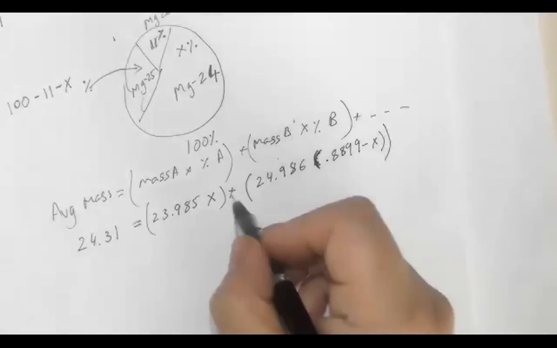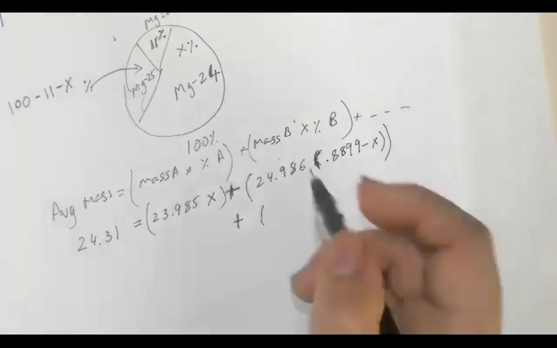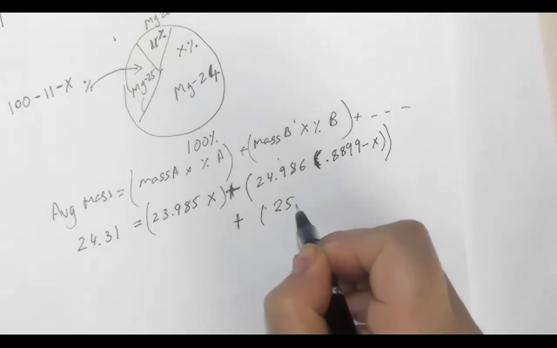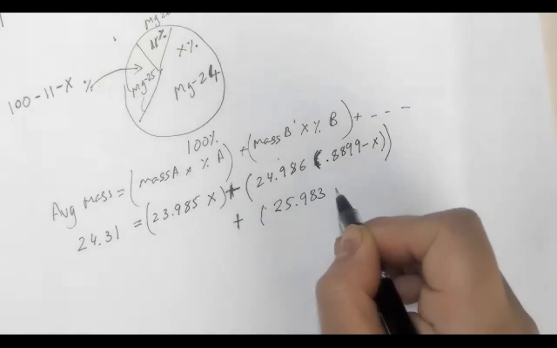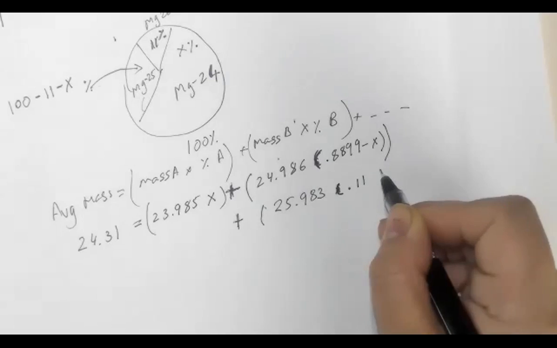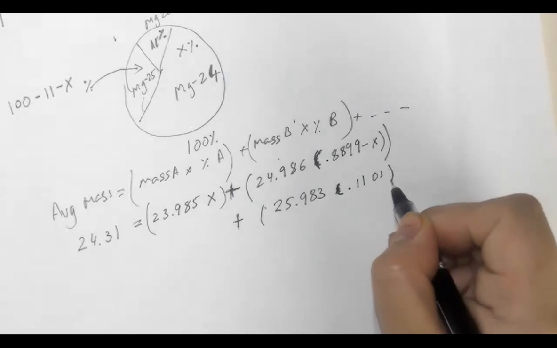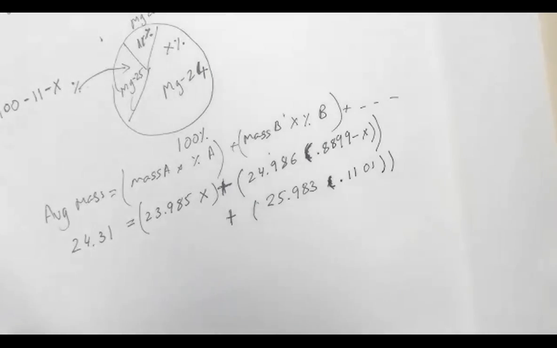See that? I kind of ran out of room, so I'm going to put another plus down there. Plus Mg26, which is 25.983 times 0.11. I'm just afraid that your parentheses and your times are going to get confused.